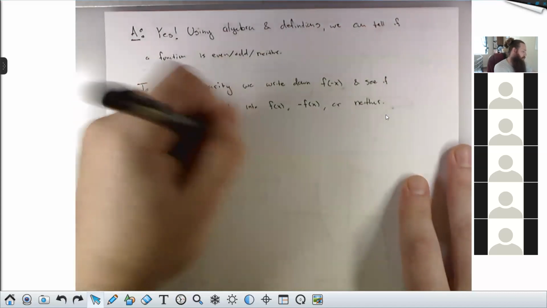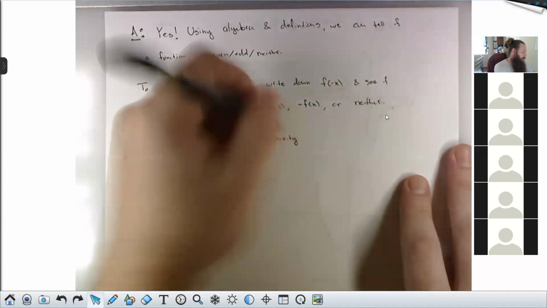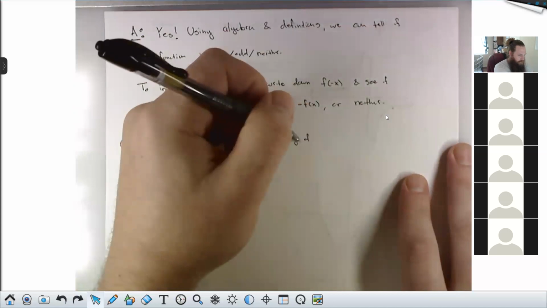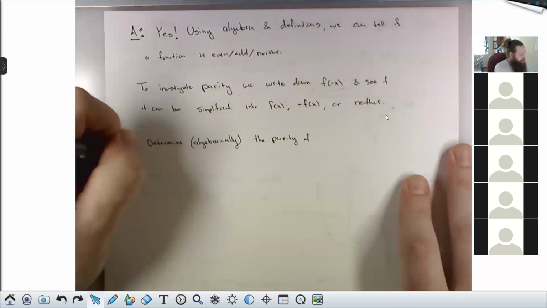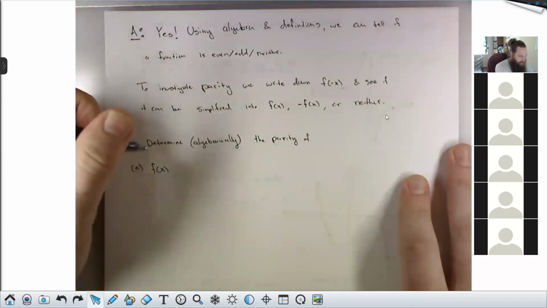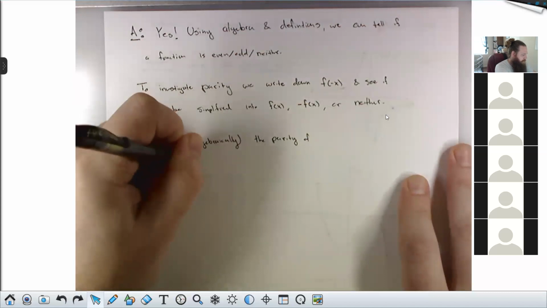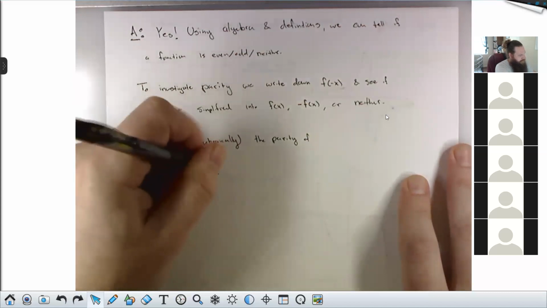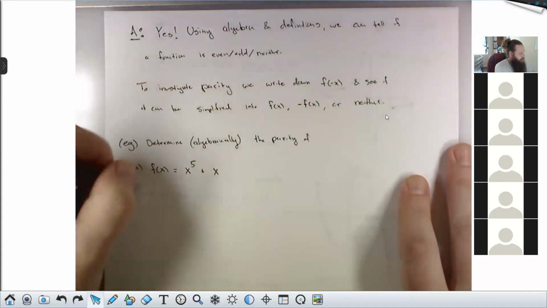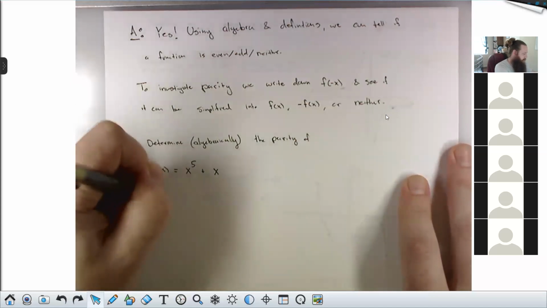So we're going to determine algebraically the parity of a few functions. We'll start with f of x equals x to the fifth plus x. Then we'll do g of x equals 1 minus x to the 4.